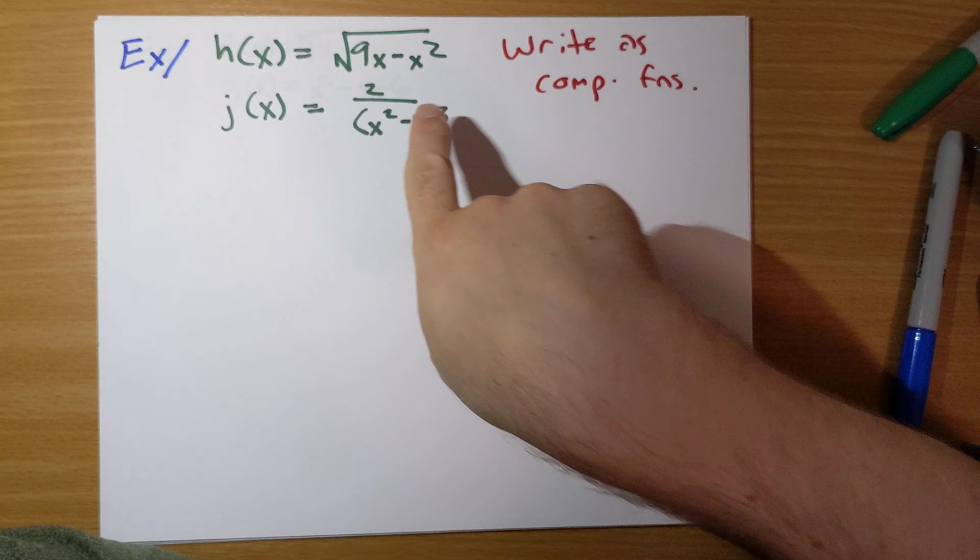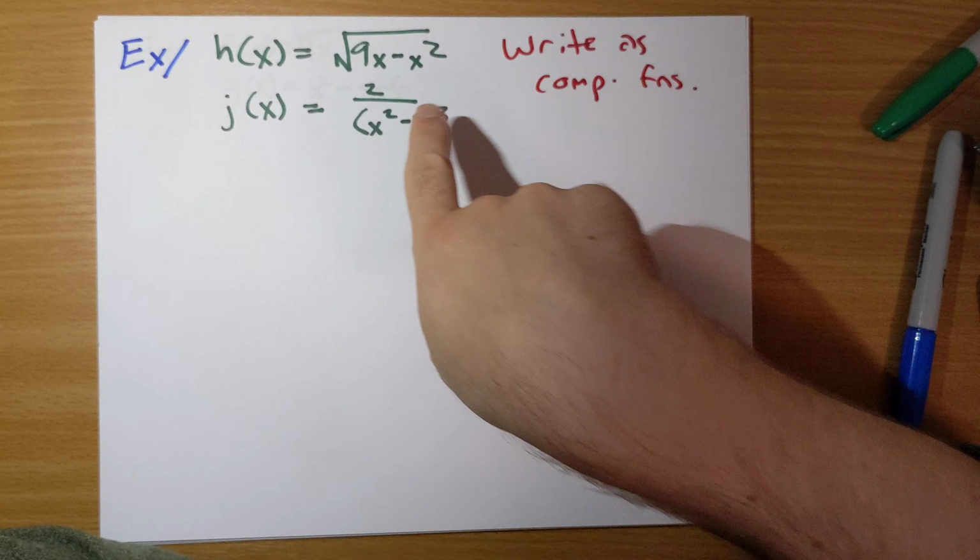That suggests we have two things to do here. One is to compute 9x minus x squared, and the second is to take the square root. If we do these two things, we should be able to get h of x.